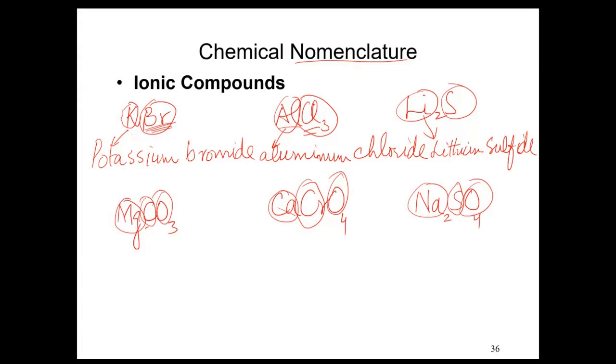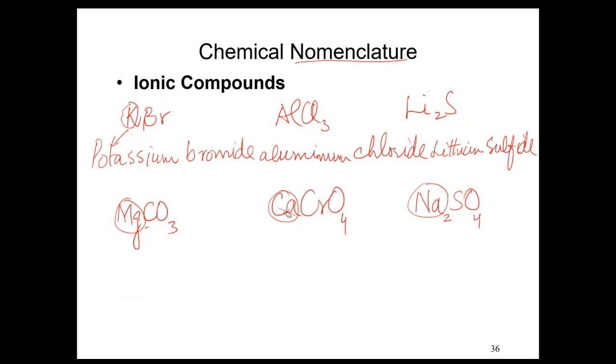Okay, now if more than 2 elements present, then how will you write its answer? Okay, friends, you will write the name of first group. Let me erase this because you will be confused. Okay, here it is.